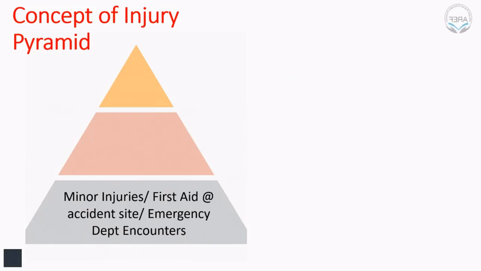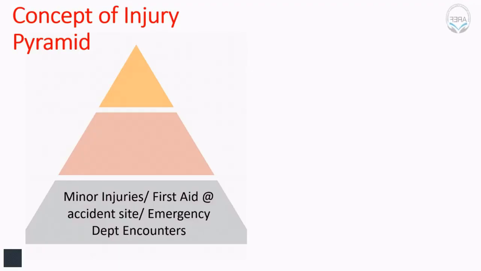Some cases may reach an emergency department in a hospital setup, but they do not require any hospitalization. So most of the injuries in a given context fall under this category, what we call the minor injuries.